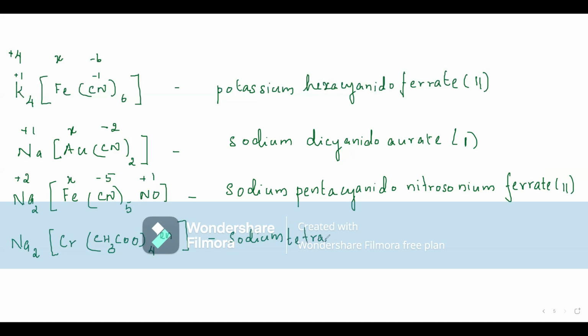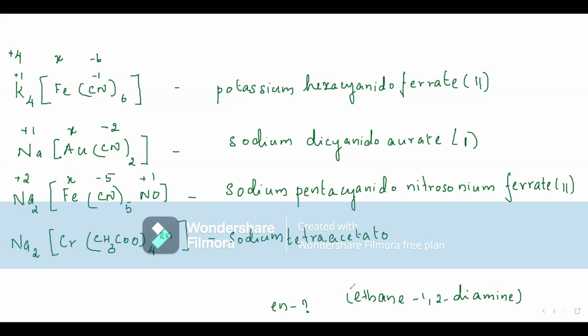So alphabetic order, A comes first, acetato. Tetraacetato, en. So what is en? En is ethane 1,2-diamine. Okay.